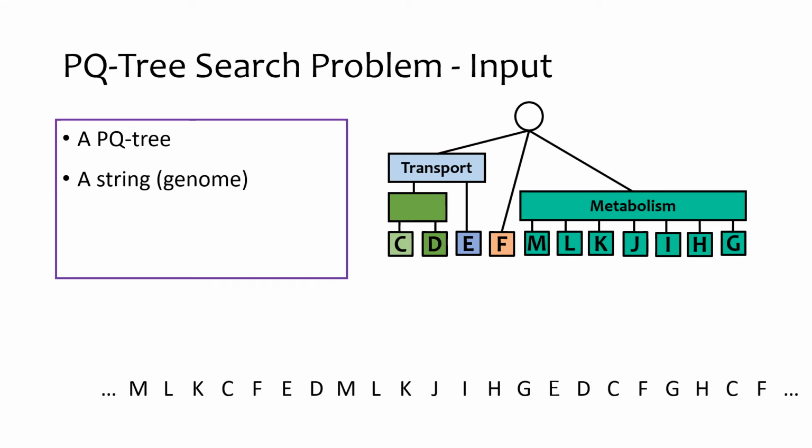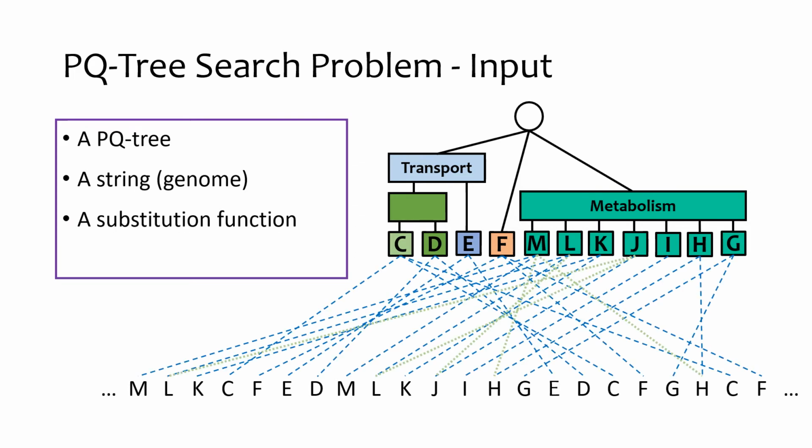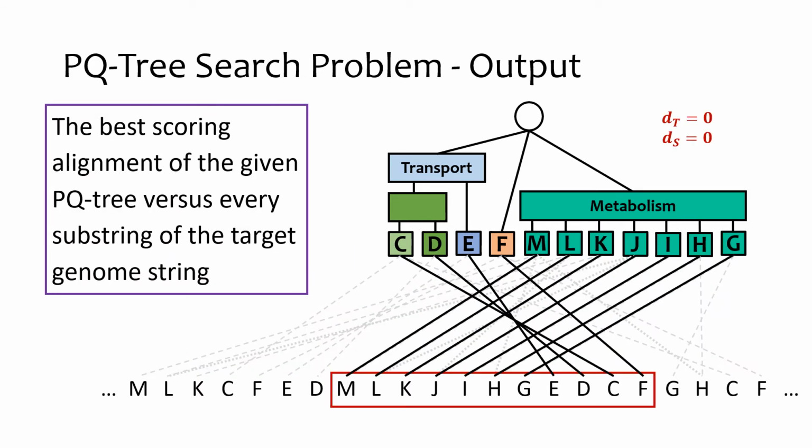The characters of the string correspond to a gene orthology family alphabet. We are also given a substitution function and parameters dt and ds that bound the number of allowed deletions from the tree and string. We wish to compute the best scoring alignment of the given PQ tree versus every substring of the target genome string.